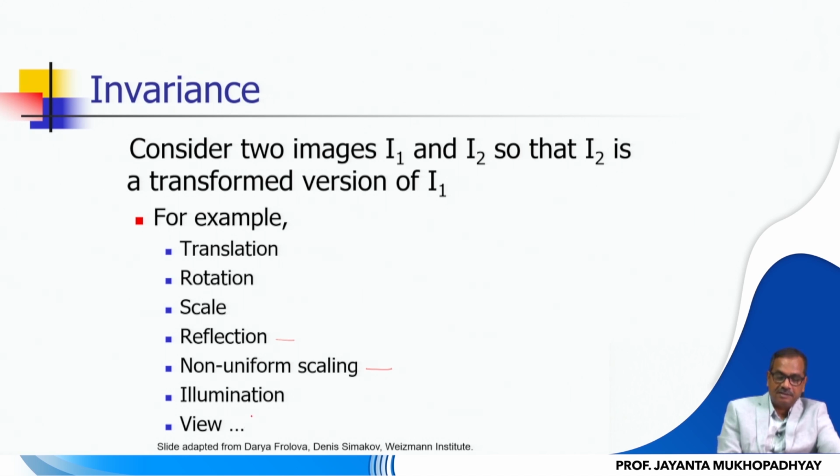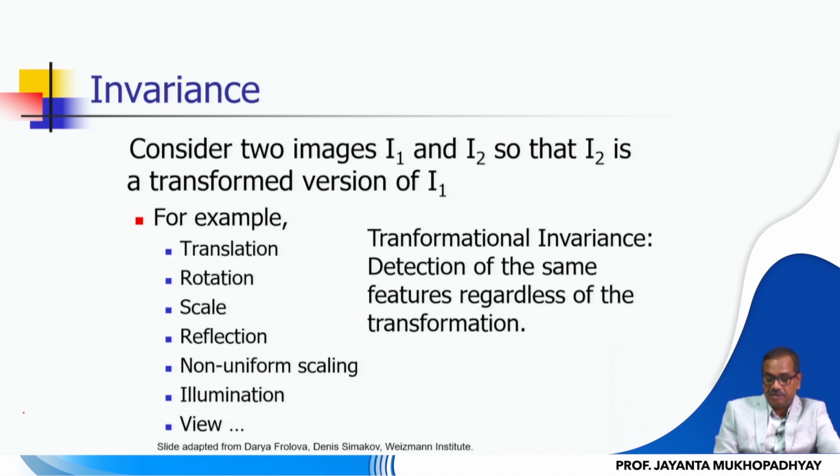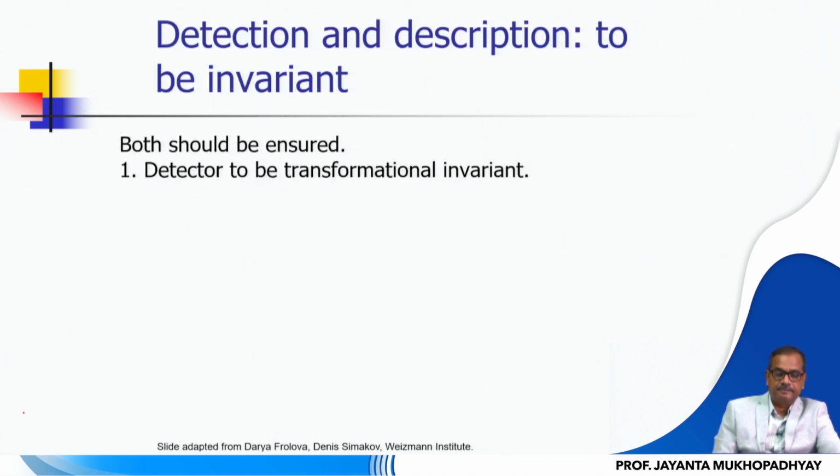There are different types of transformation which are possible, and we would like to have invariance in our descriptor. Transformation invariance is a property of a detector which can detect the same features regardless of the transformation.